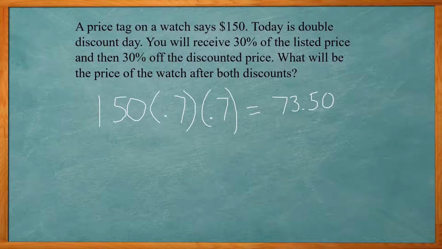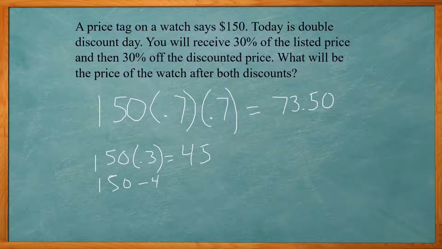Otherwise, you could just take 30% of 150, which is $45. Take the 150 minus 45. That'll give you 105.